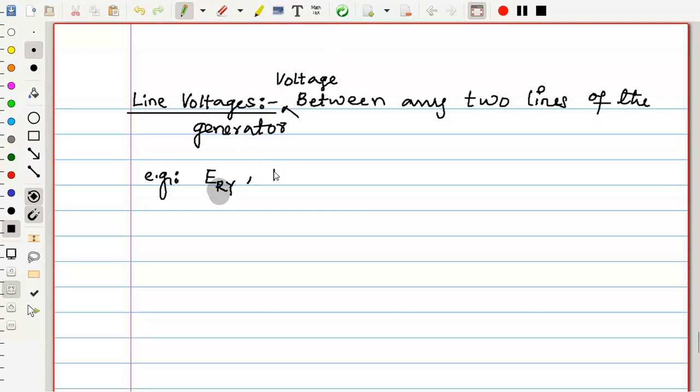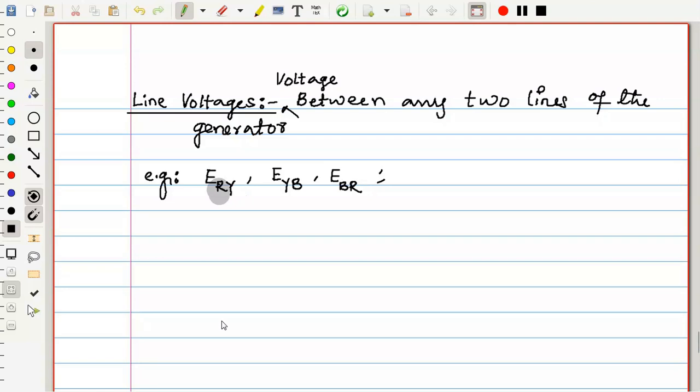Similarly, E Y B means Y to B. Similarly, E B R. You can consider it in reverse also, nothing wrong in it, like E B Y, E R B. It's your wish, but this is a systematic pattern we are following: first to second, second to third, third to first.